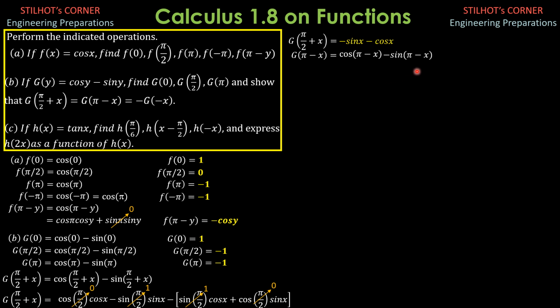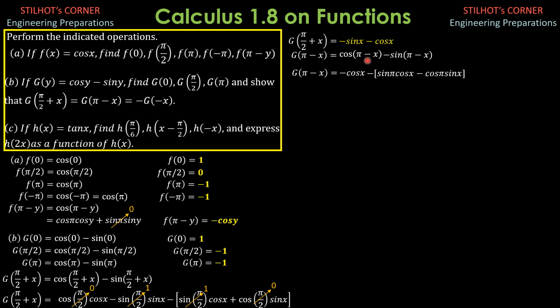The expansion of this from cosine of alpha minus beta, this is cos cos plus sin sin, while sine of alpha minus beta is sin cos minus cosine sin. So for this, cosine of pi, cosine of x, then plus sine of pi, sine of x.